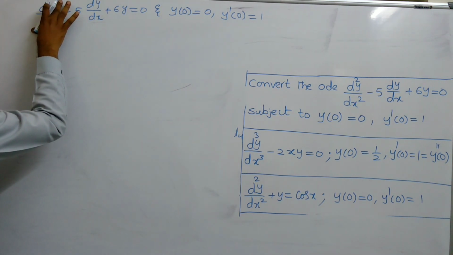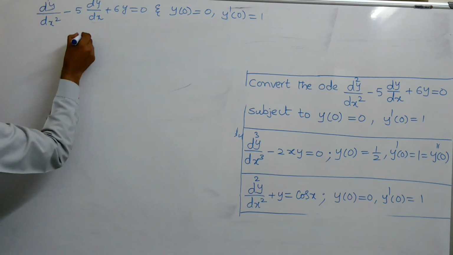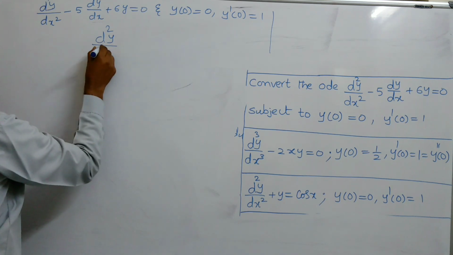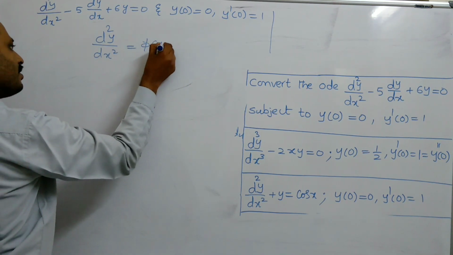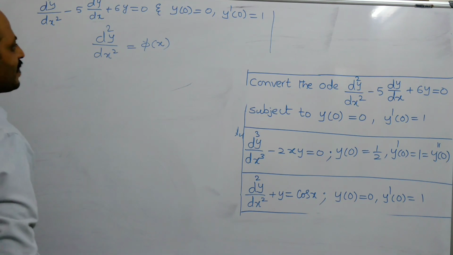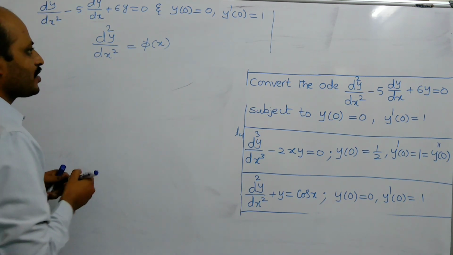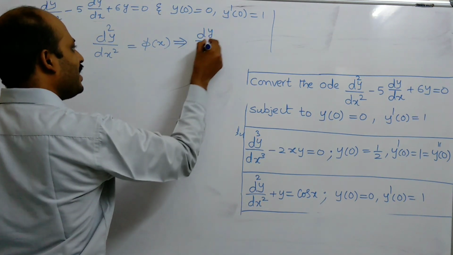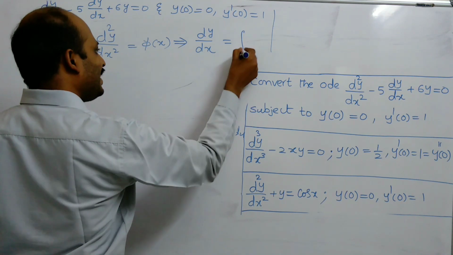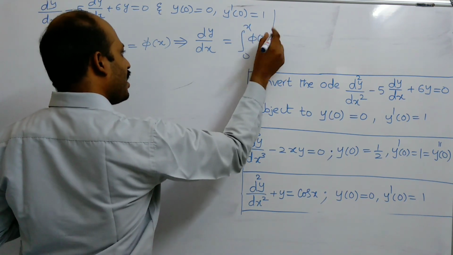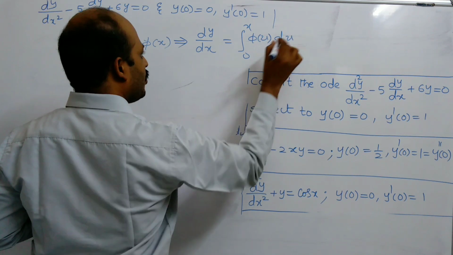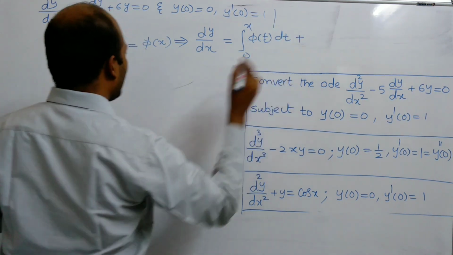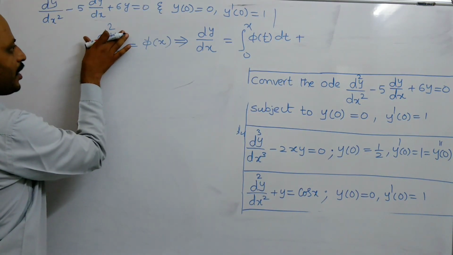This is also a second order differential equation. So take d square y by dx square is equal to phi of x. Integrating on both sides we get dy by dx is equal to integral 0 to x phi of t dt, you can use any variable, plus the constant, since the second order derivative is reduced to first order.